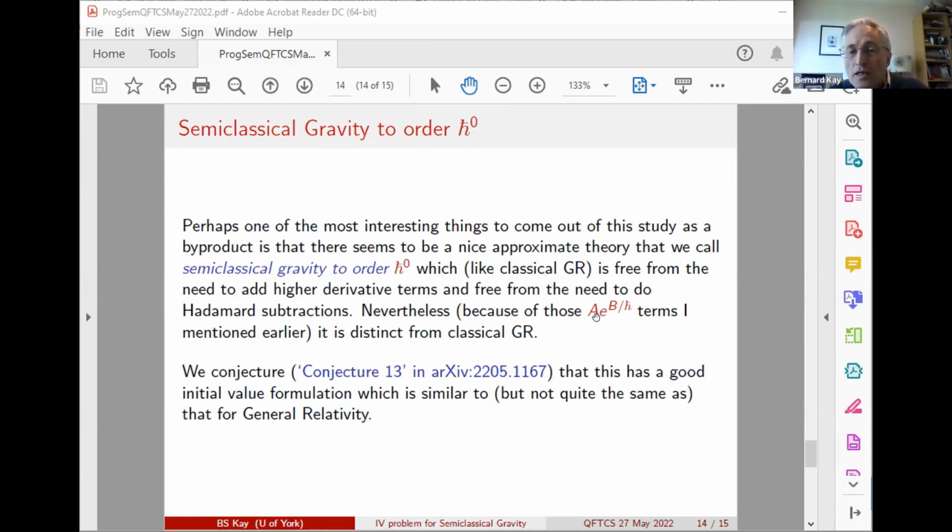Nevertheless, because of those terms that go like a e to the b over h bar that I mentioned earlier for our superpositions of coherent states, it is a distinct theory from classical general relativity. And we conjecture, so I would encourage you to read conjecture 13 in our paper, that this theory has a good initial value formulation, which is similar to, and no more difficult than, but not quite the same as that for general relativity. Okay, and I'll end there.